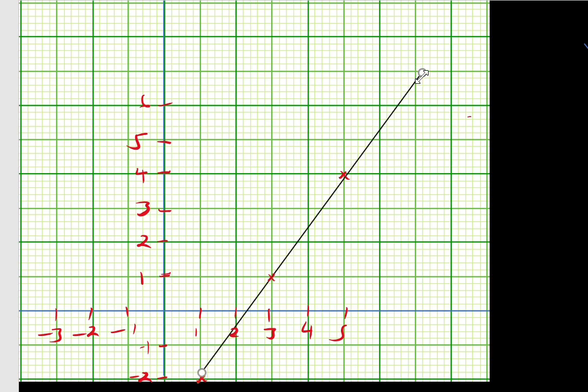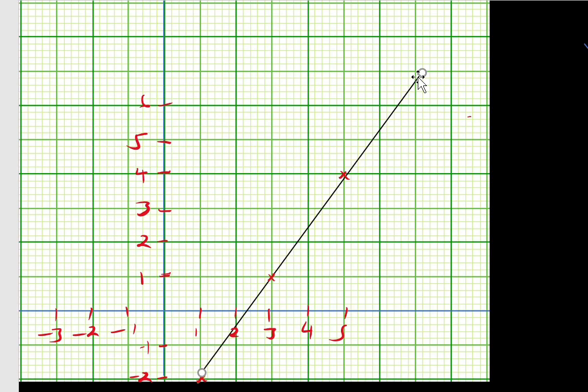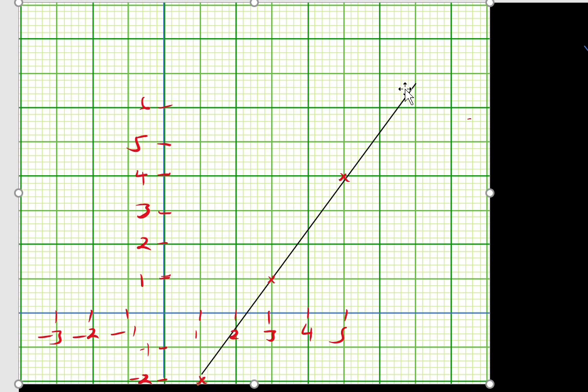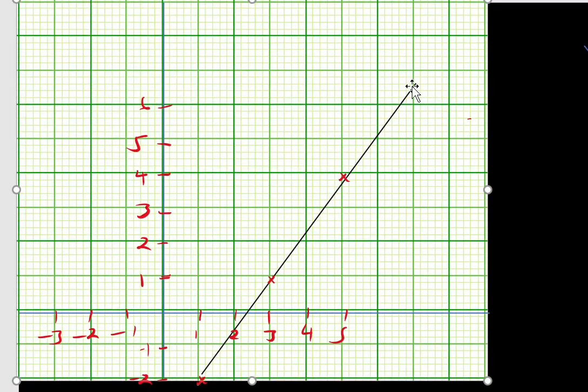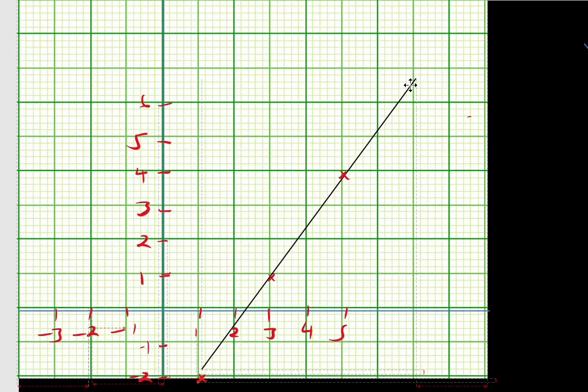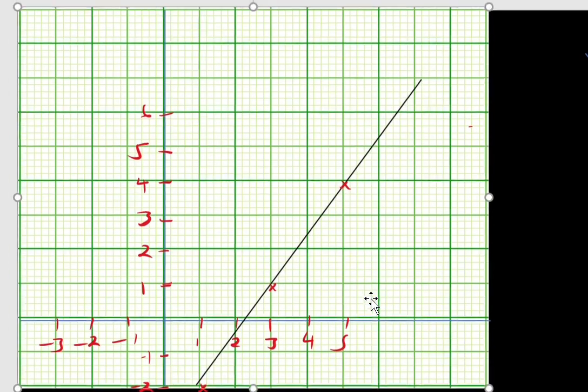That is our line, the first line. It is refusing, I don't know why. Right there, we have our straight line, running through the points. I am done with the first line.